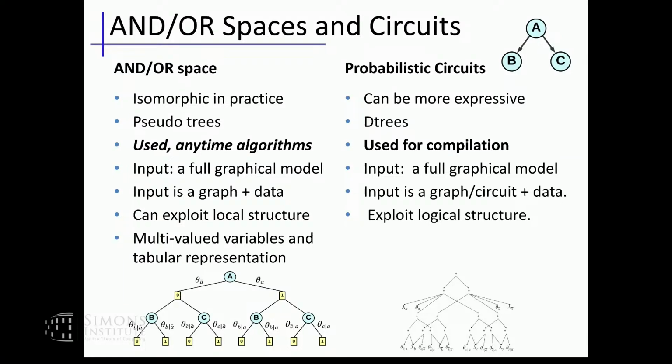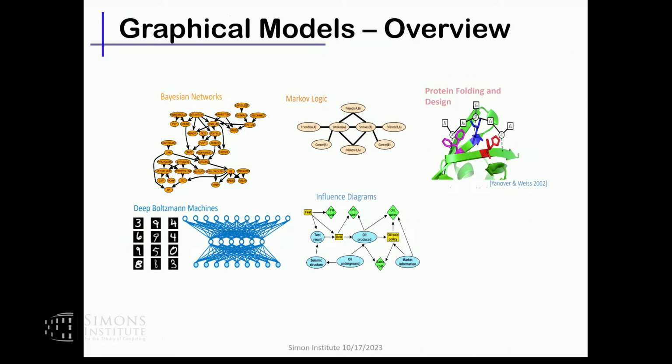In the case of AND/OR search, you may or may not use it, depending on your methods. Another difference is that the focus is often on bivalued variables in the case of arithmetic circuits, maybe not always, while in AND/OR search the focus is on multi-valued variables, and the representation is often a table. So that's the main difference, or actually the point is that there is not much difference.